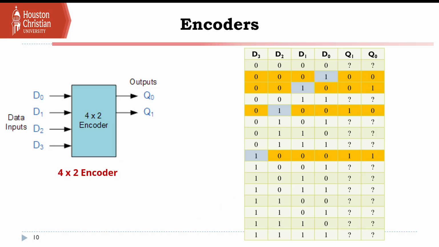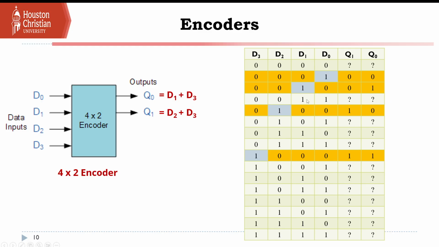Q0 is derived from D1 or D3. Q1 is D2 or D3. So these will both be zeros.